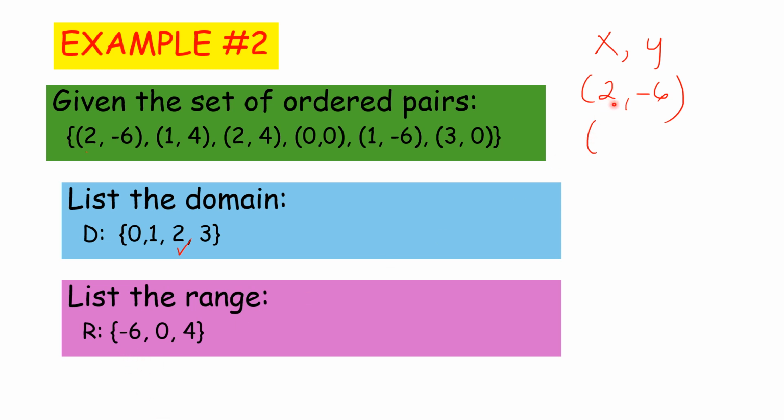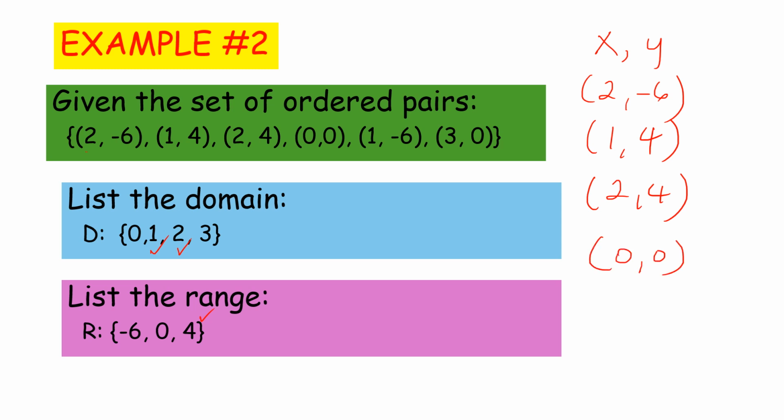All right, so we had 2, -6. We'll take the 2 as the domain, the -6 is the range. Our next coordinate is 1, 4. So we have our 1 and we have our 4. Then we have 2, 4. We already had 2 before, and we had 4 before also, so we don't have to write it again. 0, 0.